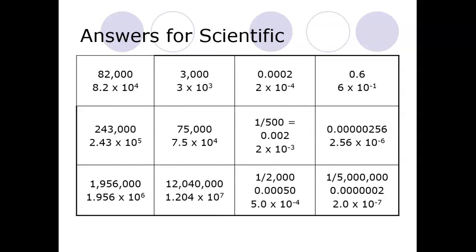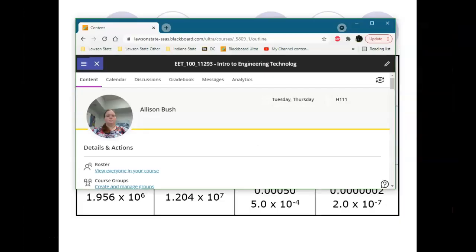So 8.2 times 10 to the fourth, 3 times 10 to the third, 2 times 10 to the negative 4, 6 times 10 to the negative 1, 2.43 times 10 to the fifth, 7.5 times 10 to the fourth, so on and so forth. Did y'all do all right with those?